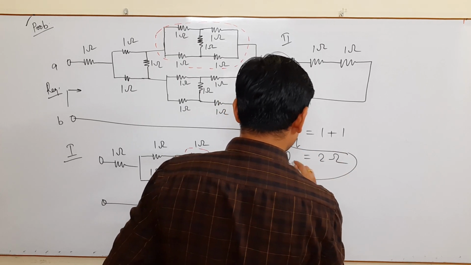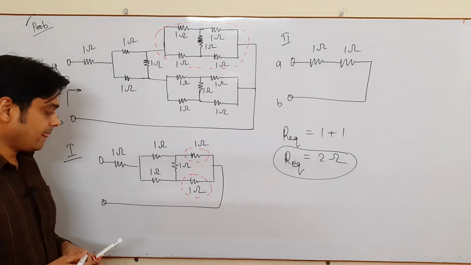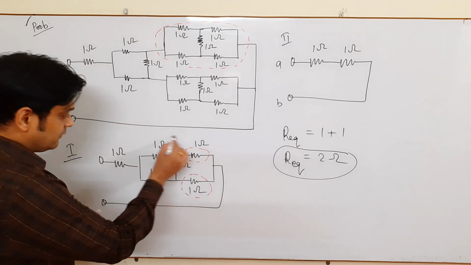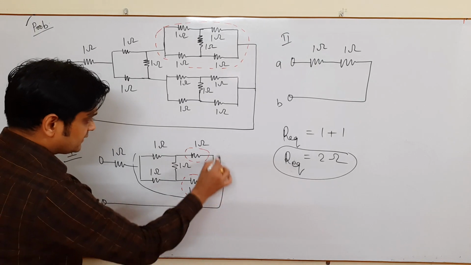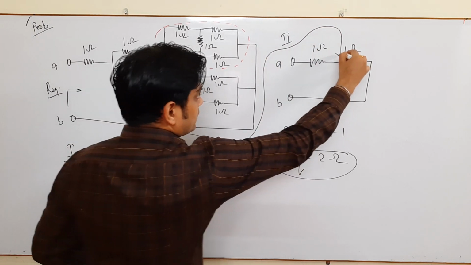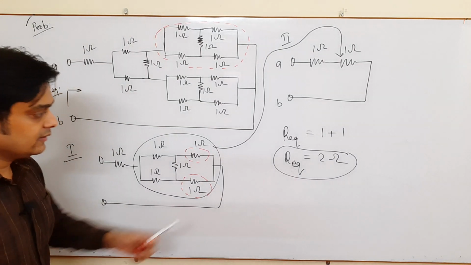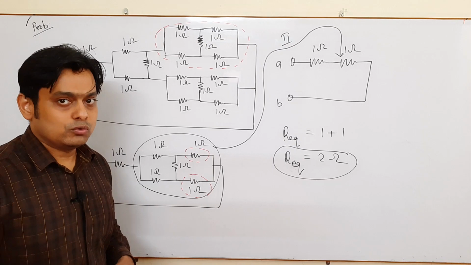This is the value of your R equivalent. Very simple. Just by solving this, because all resistances are the same, you can directly write it as 1 ohm. And the 1 ohms are in series, so the value of R equivalent comes to be 2 ohm.